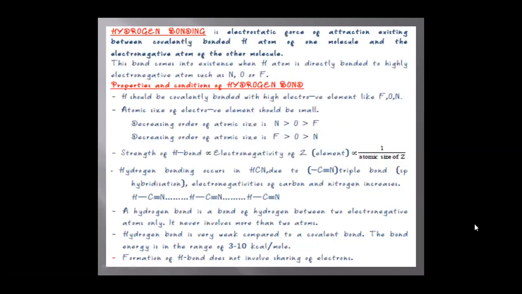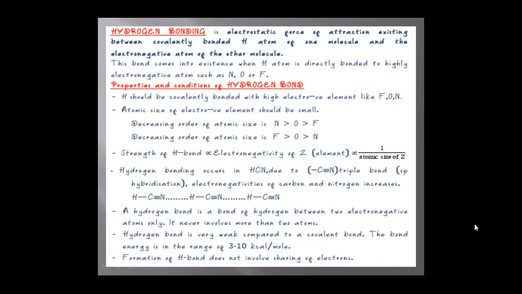The next topic is hydrogen bonding. It is the electrostatic force of attraction between the covalently bonded hydrogen atom of one molecule and the electronegative atom of another molecule. The conditions of hydrogen bonding: hydrogen should be covalently bonded with a highly electronegative element like fluorine, oxygen, or nitrogen.